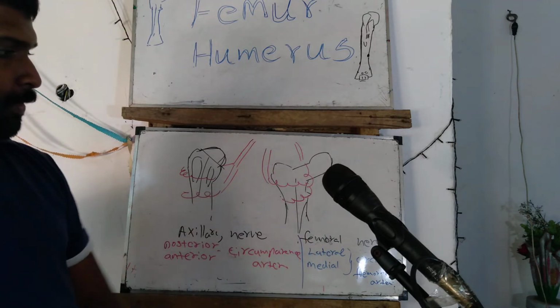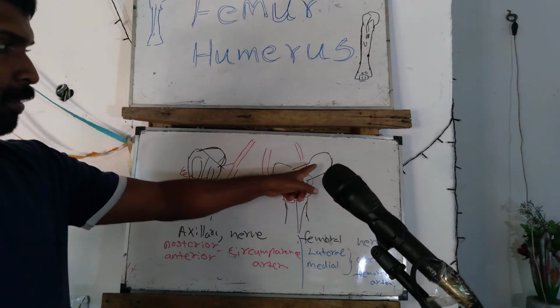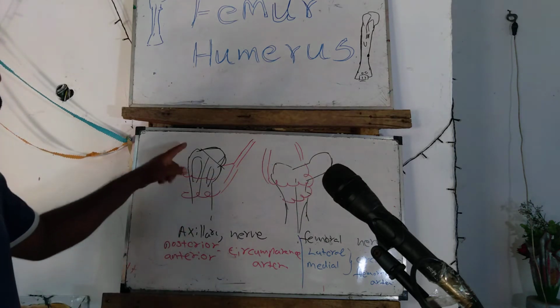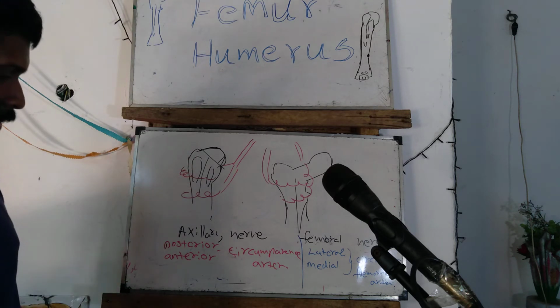Now the supply of the femoral nerve, or some form of obturator nerve, has a little bit of connection. The axillary nerve supplies the humerus bone.